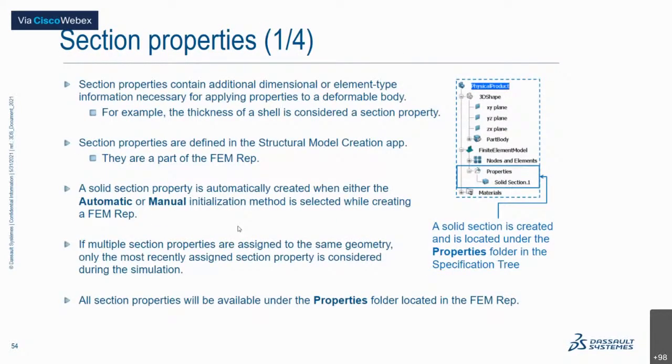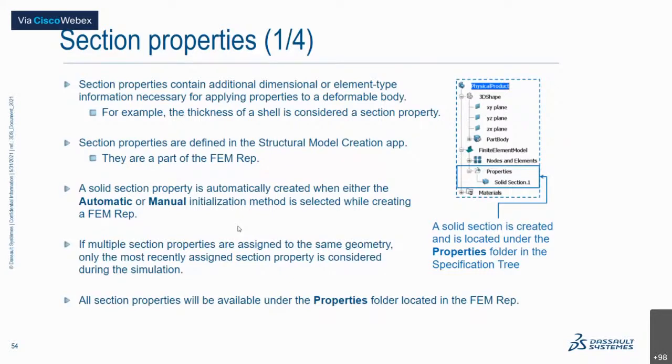Now, once you have done your material properties, as I told you, there's something called section properties that need to be defined. Section properties are additional dimensional information that is necessary in order to do a simulation. For a section property, a material is important, so you need a material property in order for the section property command to work.